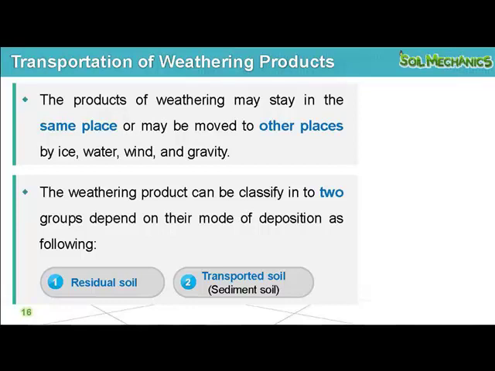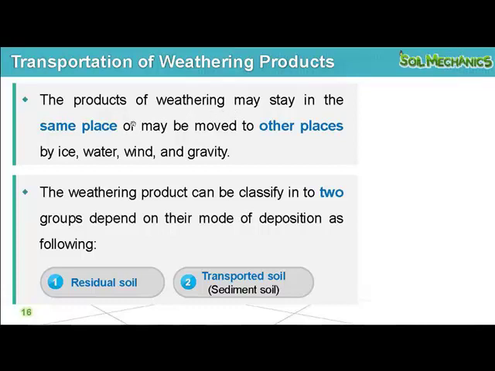Transportation of weathering products. After weathering, the products can stay in the same place, or be transported from the place of origin to another place by wind or water flow.